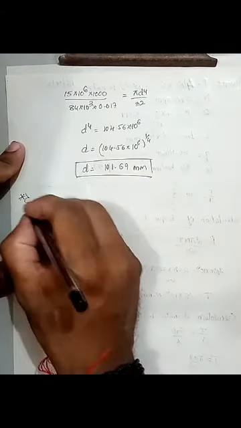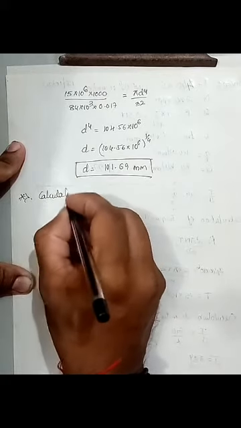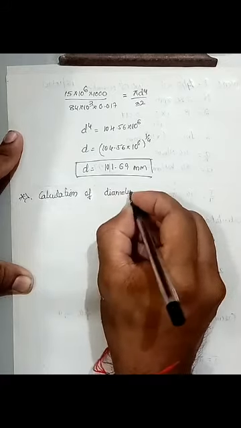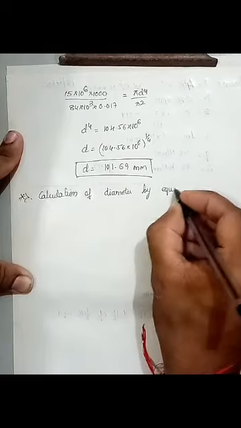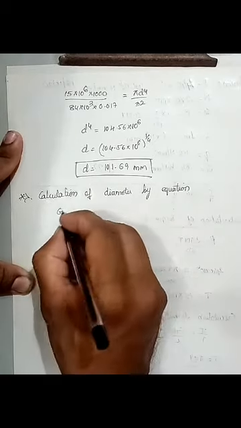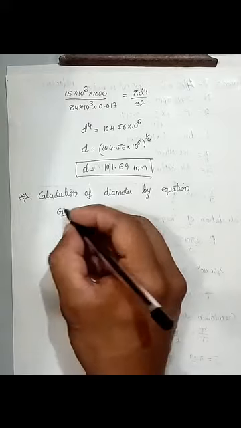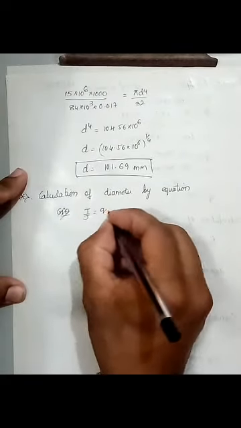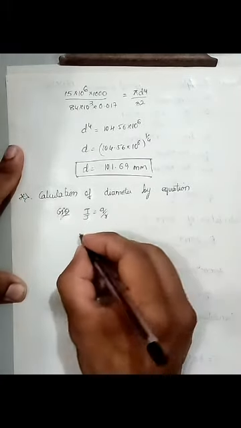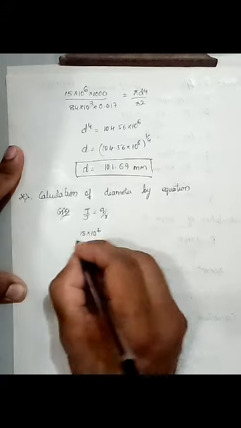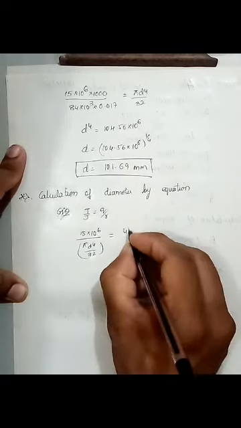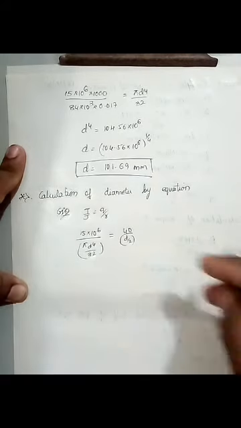But even d can be calculated by another equation. So calculation of diameter by the equation G theta by L, or we can even go by T by J equals q by R. Okay, so 15 into 10 to the power of 6 divided by pi d raised to 4 by 32 equals 40 by d by 2, because R is d by 2.